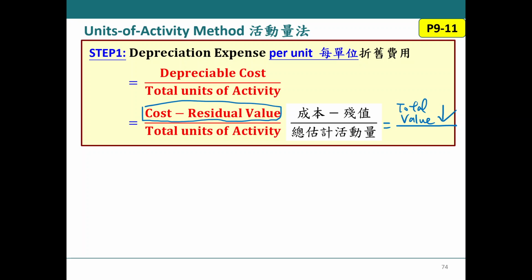Unit, right? How many units we used totally? So it depends on the total unit used. So after that, can you note the value decrease for each unit? Yes, right?